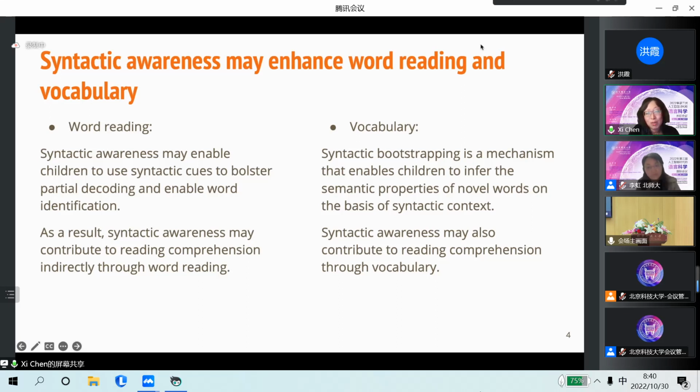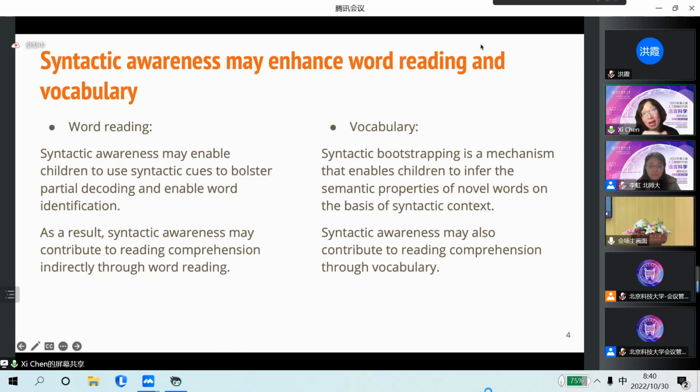So, oh, it starts with a V. But now with syntactic awareness, you know, oh, this must be a noun and it's an object and it's related to cleaning. So that may allow you to guess the word, and then combining it with partial decoding, you'll be able to recognize the word, oh, it must be vacuum.